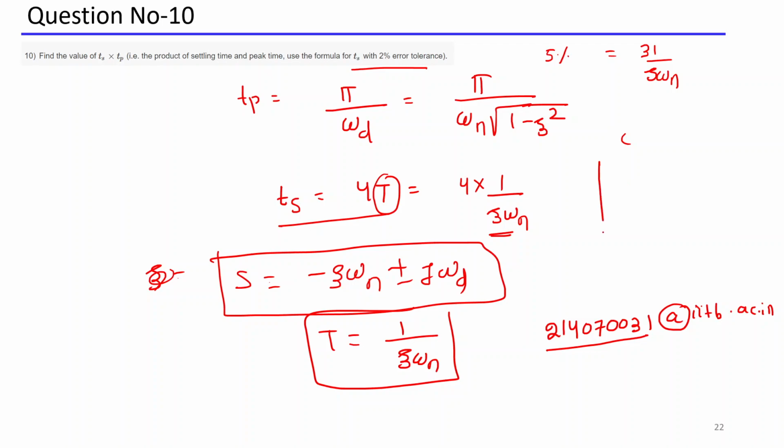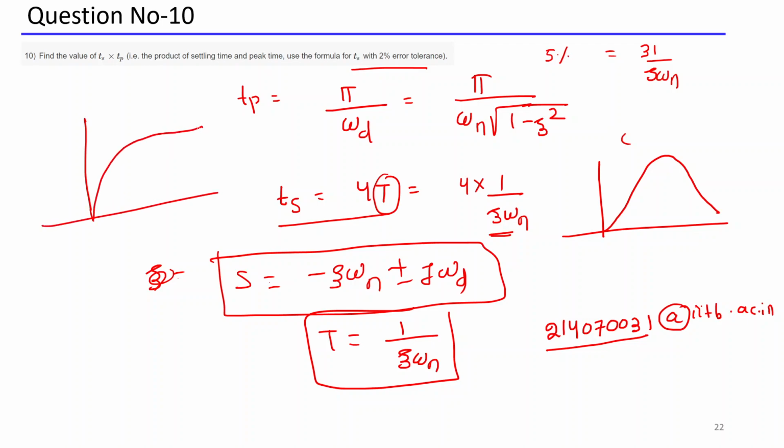The graph will look something like this. But if you have to overcome the oscillation, you cannot produce any oscillation. This graph will be something like this. You will not produce any oscillation; you reach the steady state without any oscillation.